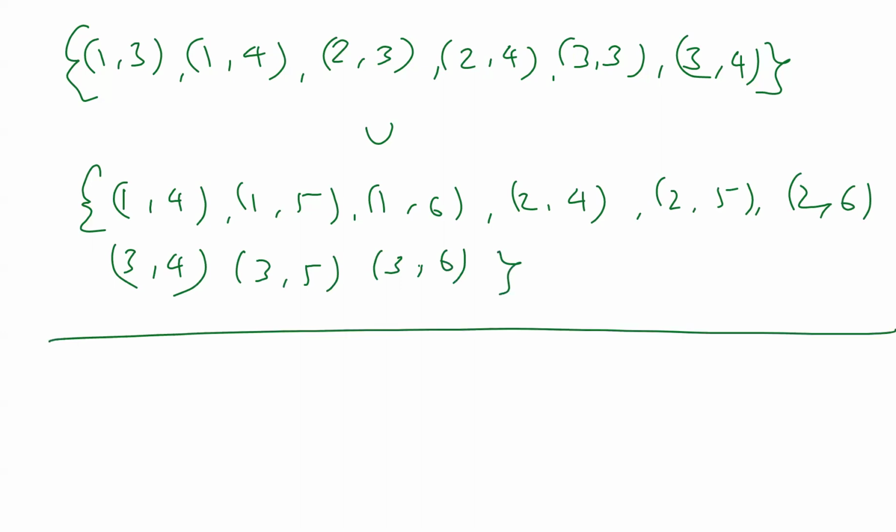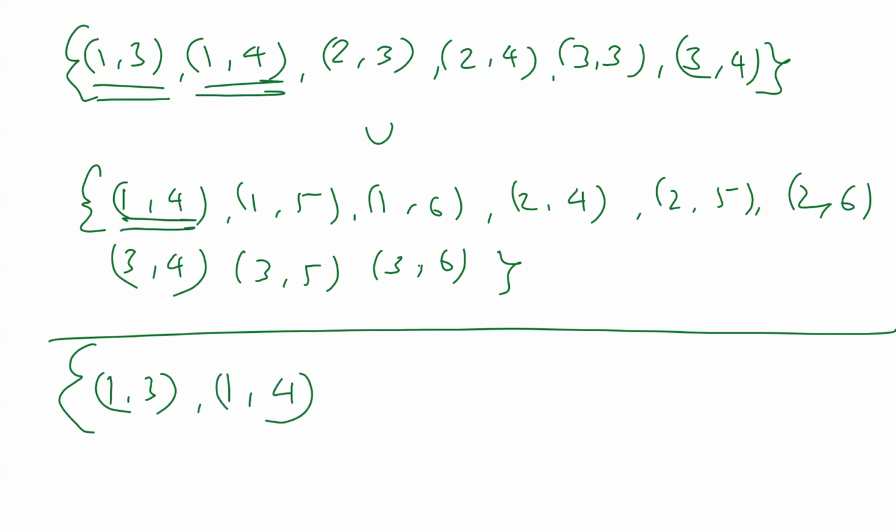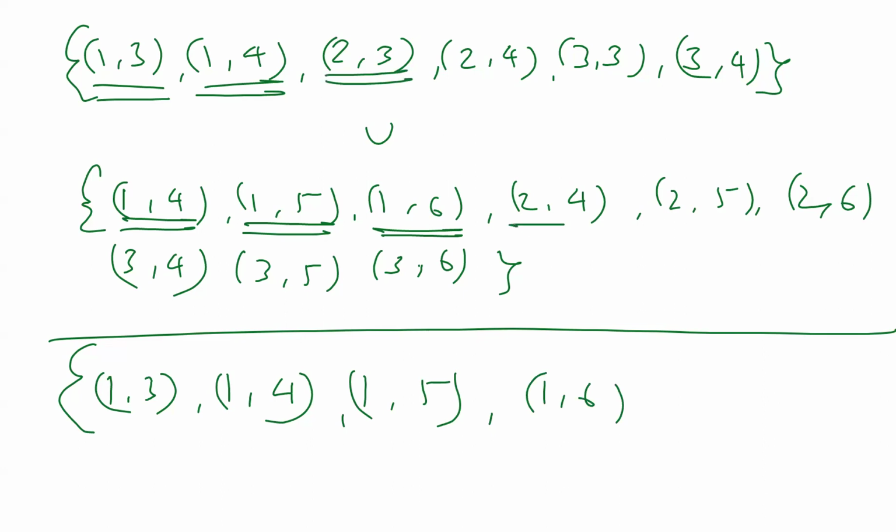That means combine both the Cartesian products. So (1,3), (1,4). (1,4) is already included over here. Then (1,5), (1,6). Then (2,3), (2,4). (2,4) is repeated twice, but write it only once.